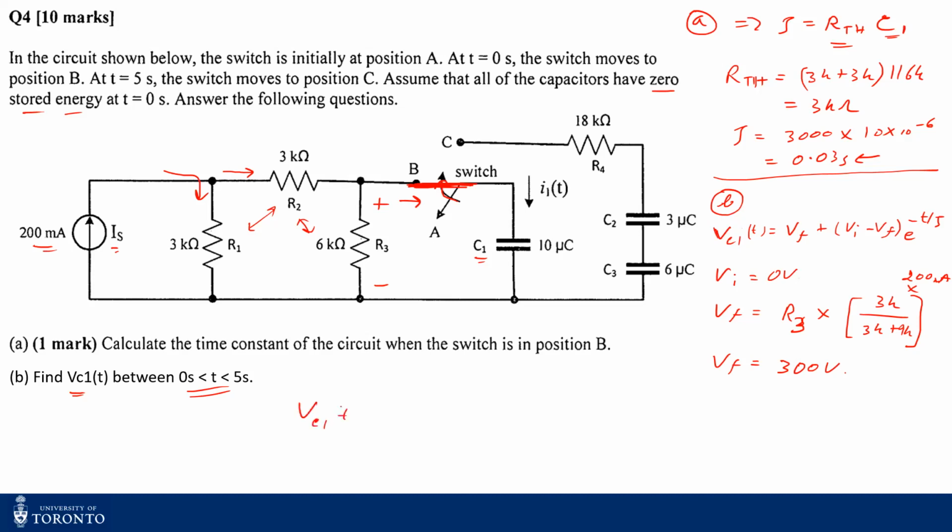Your VC1(t) is basically 300 plus 0 minus 300 e power minus t by 0.03, which is just 300 minus 300 e power minus 33.3 t. This much volts, right? Okay.